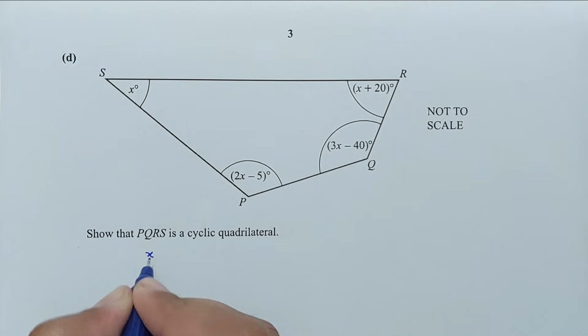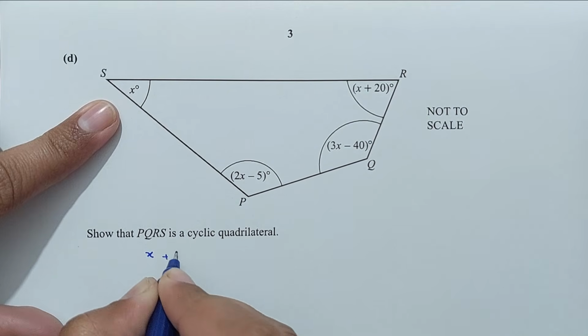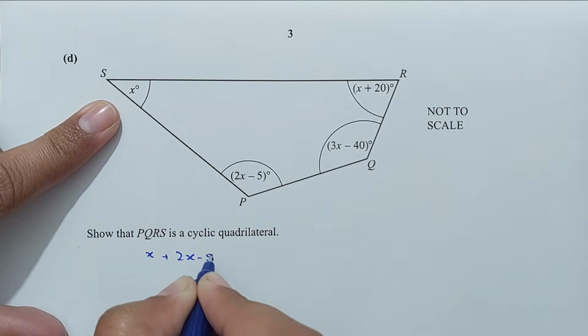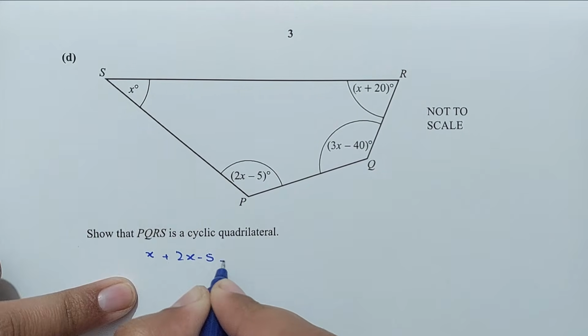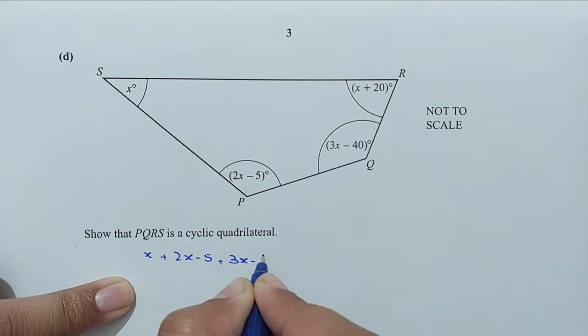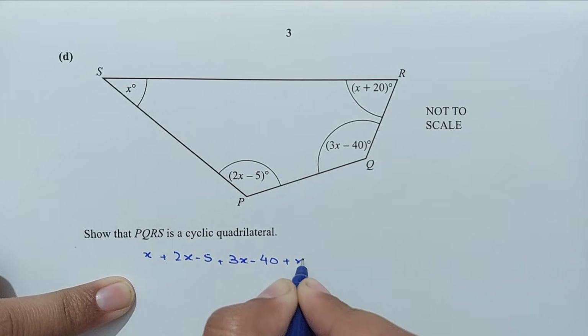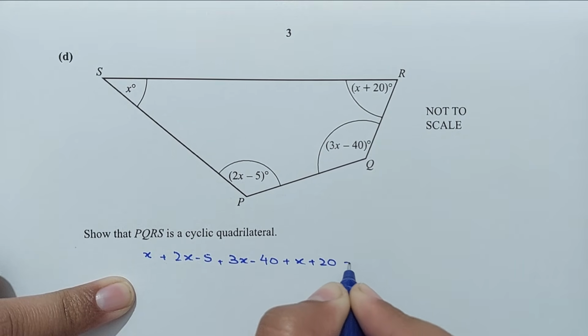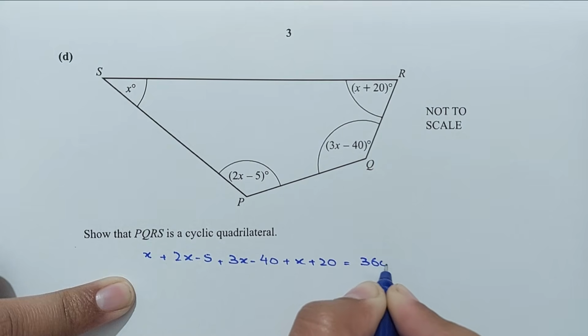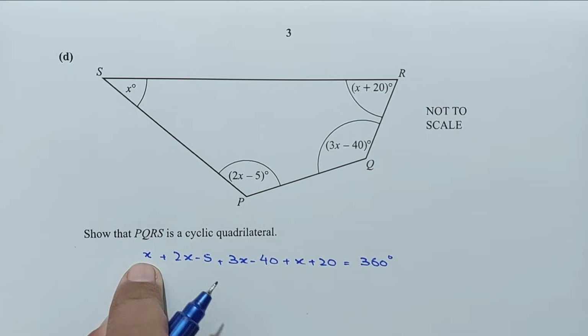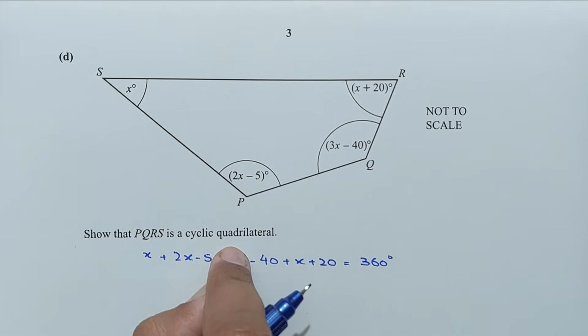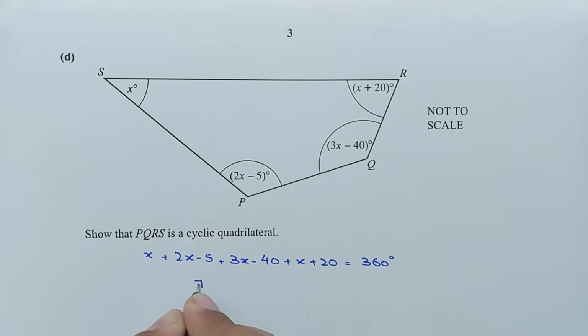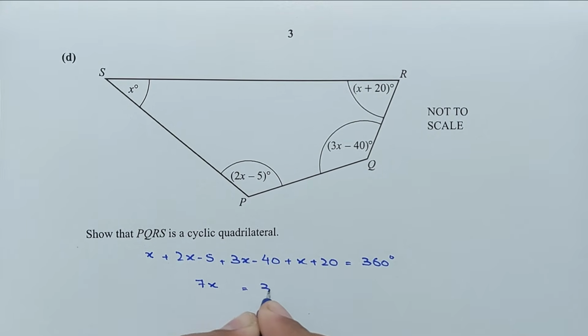So we can say x plus 2x minus 5, this angle Q, which is 3x minus 40, and plus x plus 20. This should be equal to 360 degrees, right? So 1, 2, 3, 4, 5, 6, 7, just 7x equals 360 degrees.